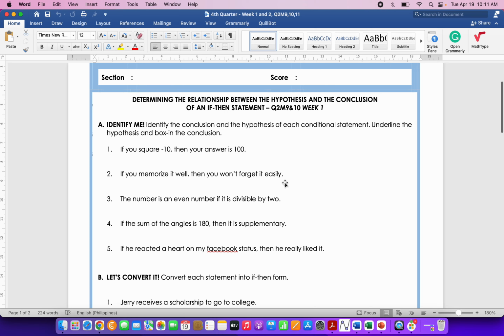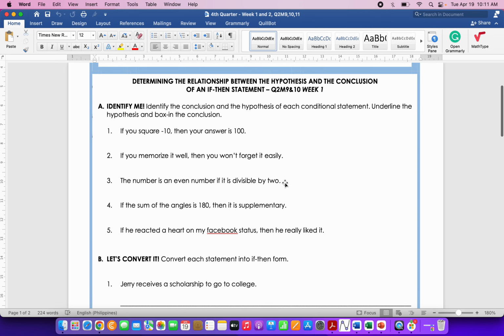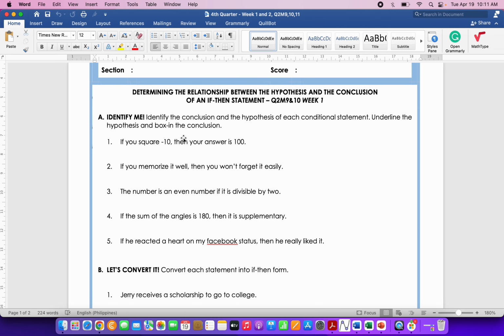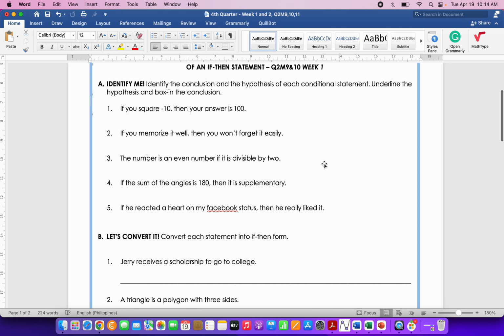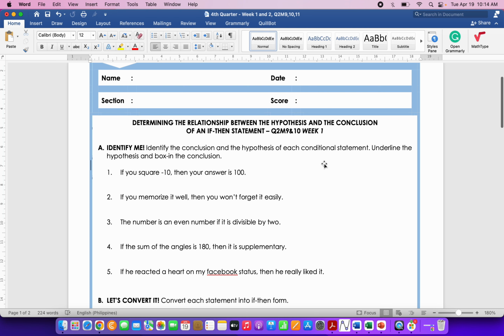In your worksheet, Part A, identify the conclusion and the hypothesis of each conditional statement. So all you need to do is underline the hypothesis part, and then you're going to box in the conclusion rather.